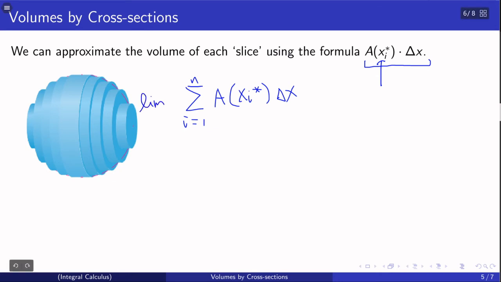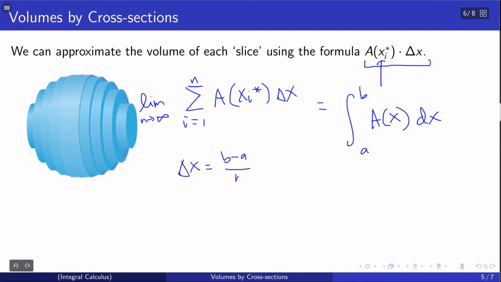And when you let n go to infinity, well, what is this? By definition, this is just the integral of A(x) dx from a to b. Again, we're assuming here that delta x is (b minus a) over n, where a and b are the left and right endpoints.